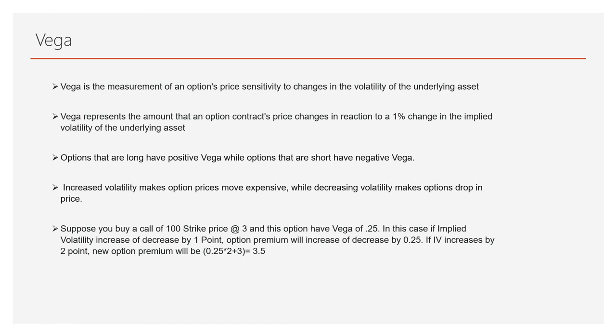Due to the rise of implied volatility by 2 points, our option premium has risen by 0.50. So basically it tells us how much an option will gain or lose whenever there is a rise or decline in implied volatility. I hope you understand Vega. It tells us how sensitive our option is towards implied volatility.